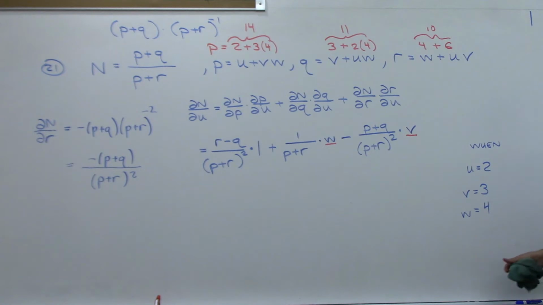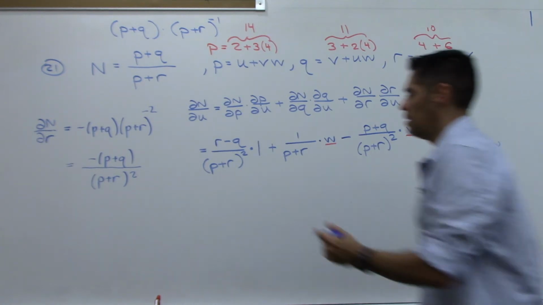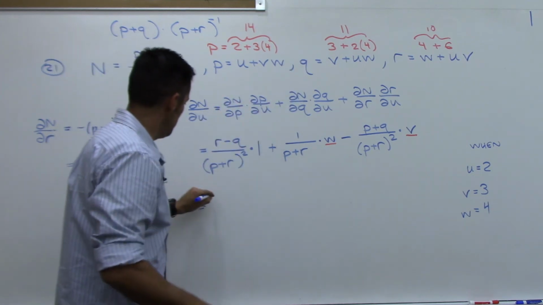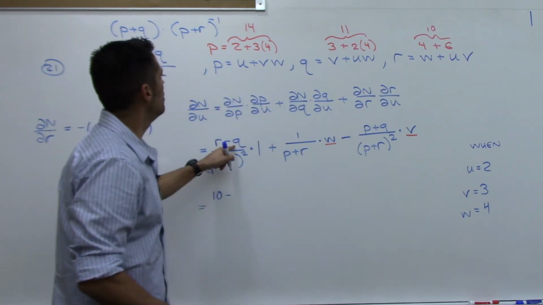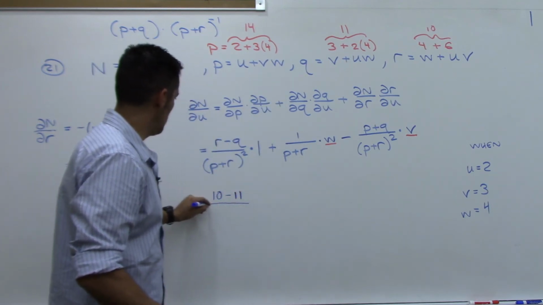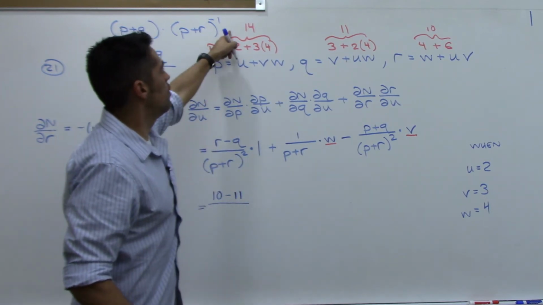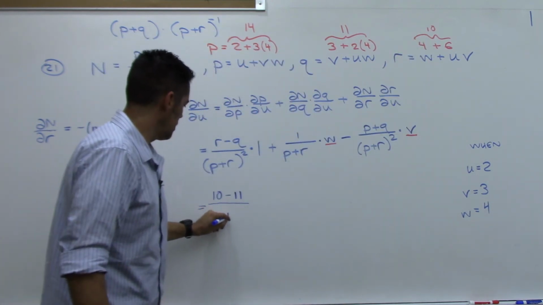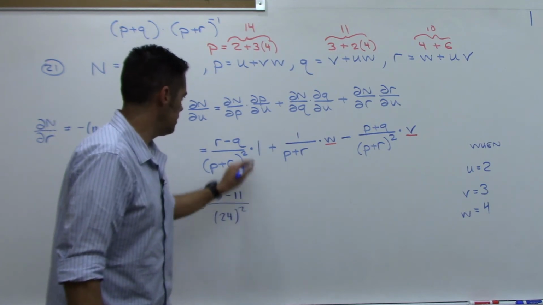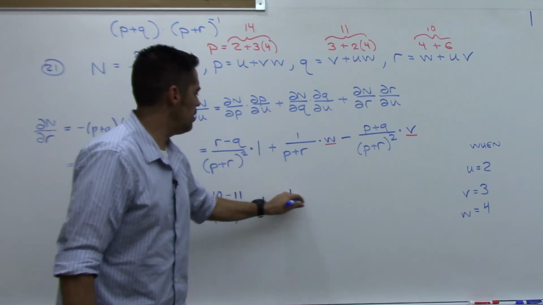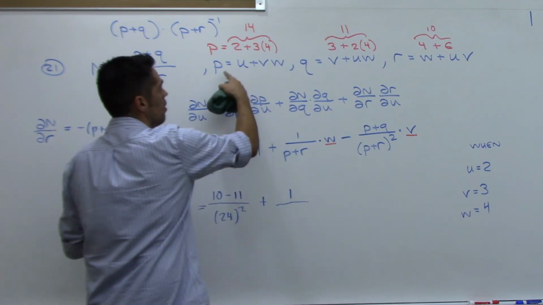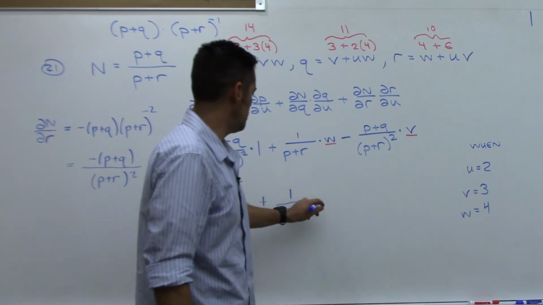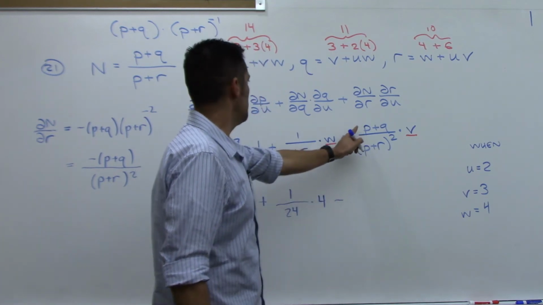All right. So we should be able to get this. This is going to be r, which is 10, take away q, which is 11, over p plus r. So 14 plus 10 is 24 squared, times 1 plus 1 over p plus r, we just said was 24, times w, which was 4, minus p plus q.